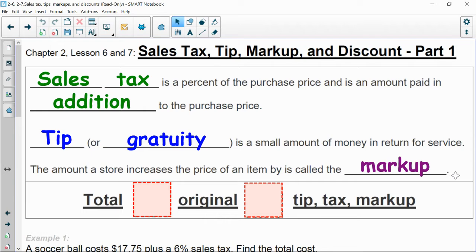They buy it from somebody else, and that's the wholesale price. Then they mark it up for the retail price, and that's what we pay. Total equals original plus a tip, tax, or markup. Okay, so we have to find what these are and add it to the original price that they give us.